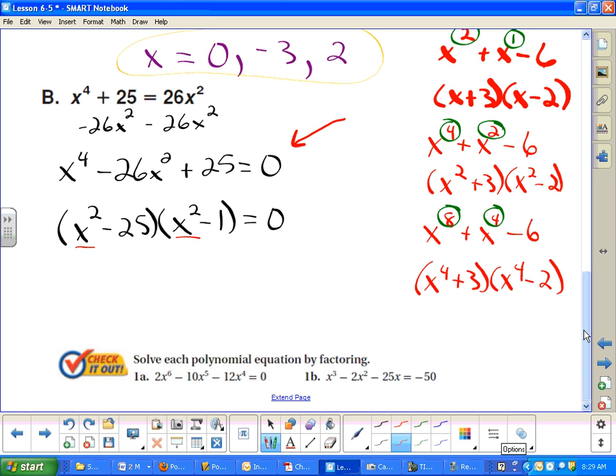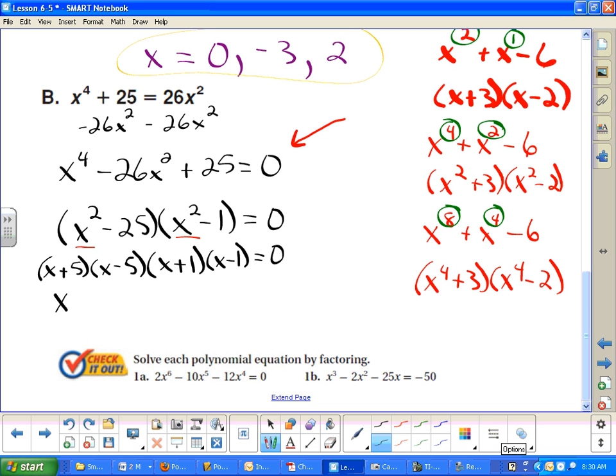So let's say we factored it. So this would be x plus 5, x minus 5, x plus 1, x minus 1 equals 0. So then we would get negative 5, 5, negative 1, and 1 as our solutions.